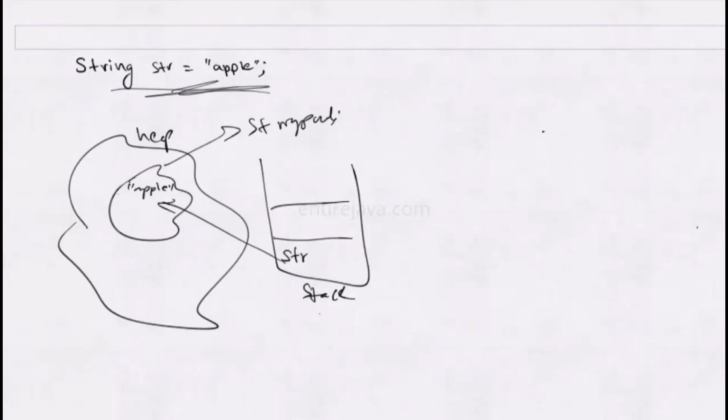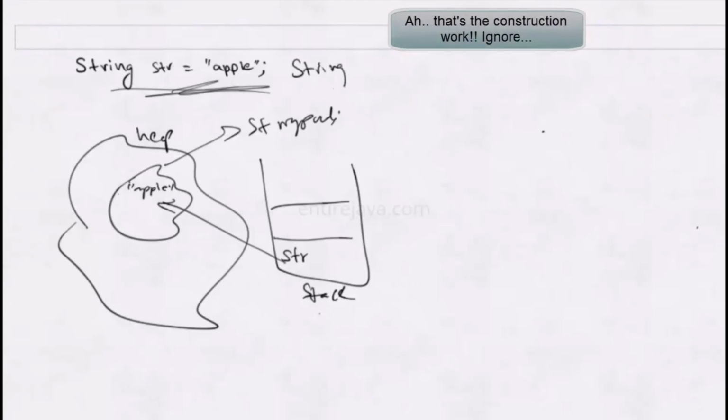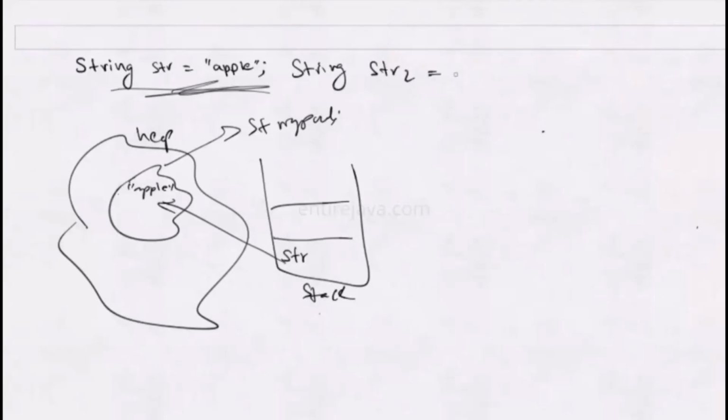So why do we have a string pool? You will understand that in a minute. You will also understand why string is immutable. Let's say I have another statement that says string str2 equals apple, the exact same string we have here.